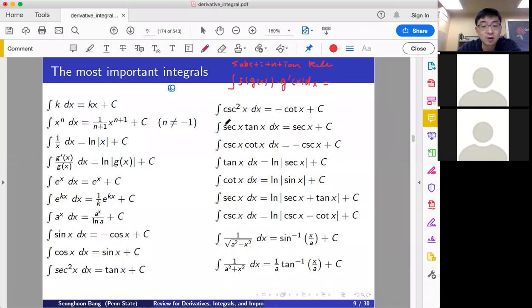How can you change it? Let u equal the inner function g of x, and du equals g prime of x dx. You can plug into here: this is f of u, and g prime of x dx is du. So you can find the antiderivative by using the most important integrals and then find the answer.